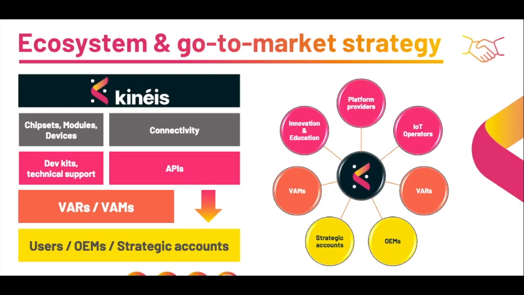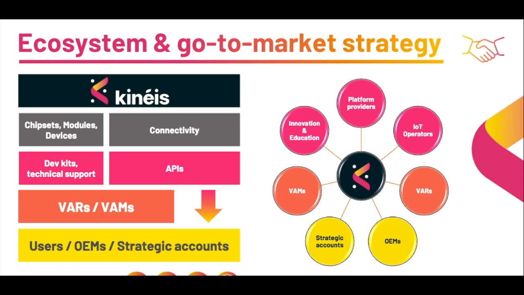So here you can see, if you look on the left side, from the top down that we provide, of course, for the most part, the connectivity by satellite. But we also provide, as Remy just presented, chipset, modules and devices. And then below that, in pink, you can see the tools for each of the two things that I just said.